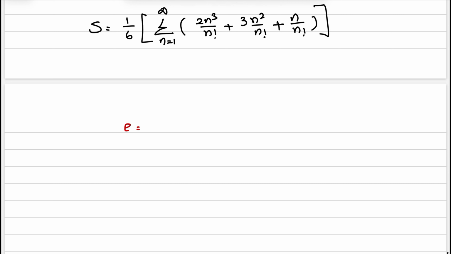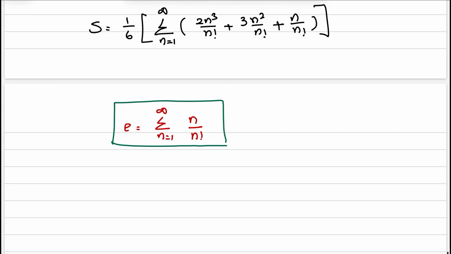E is equal to sigma n equals 1 to infinity n by factorial n. Please remember this. This is a standard series. It will be handy for you in many questions in mathematics.